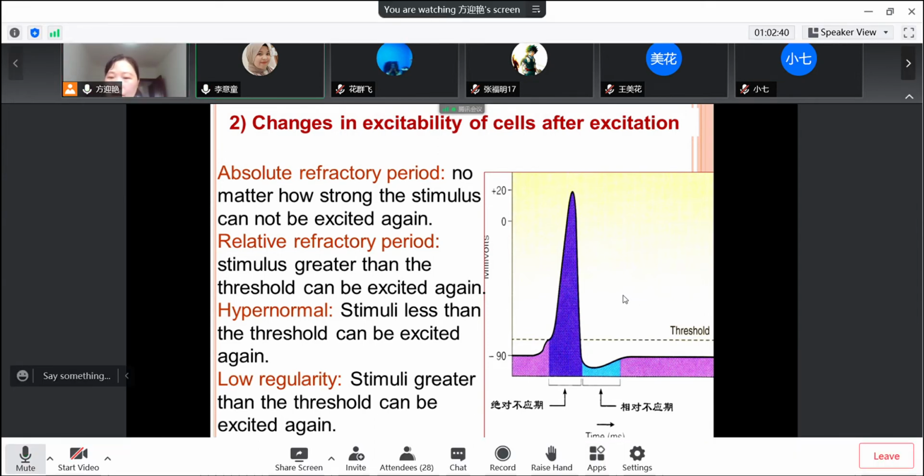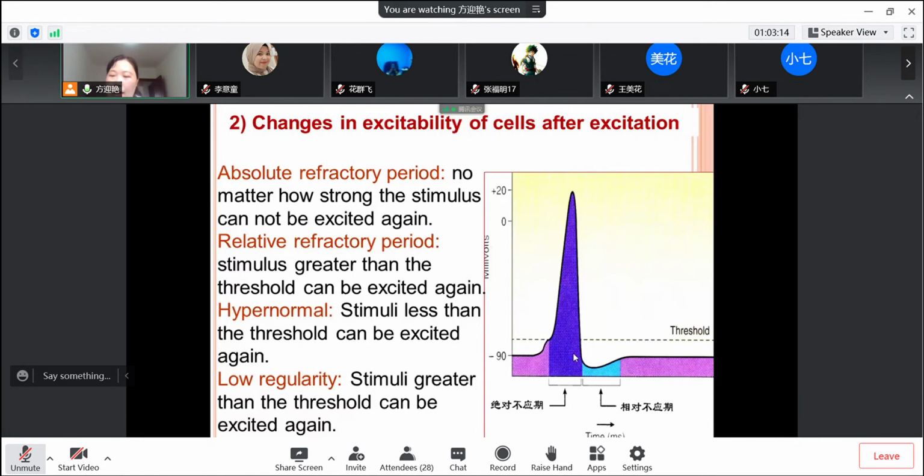Yes, teacher. I hope you understand how to measure the refractory period of the nerve fibers, according to this concept. One stimulation produces an action potential, and if we immediately give the second stimulation, we find there is no action potential.